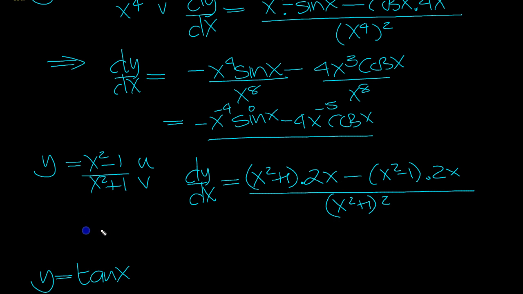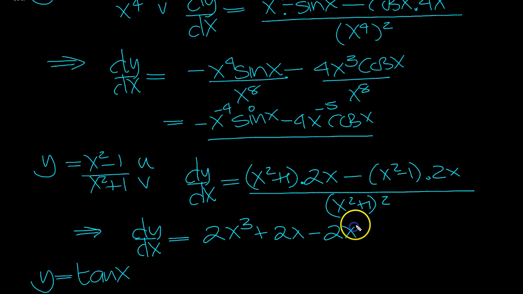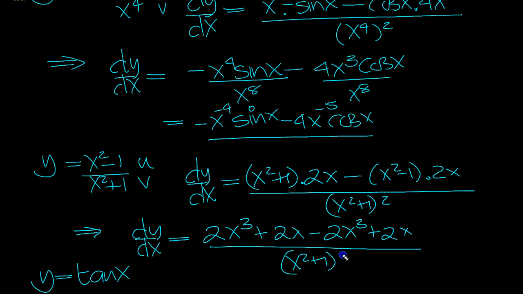So dy dx equals then, we've got 2x cubed plus 2x, isn't it, for this bracket expanded, minus 2x cubed, and then it's plus 2x over the x squared plus 1 squared. The minus 2x cubed and the 2x cubed cancel, we get 4x over x squared plus 1 squared.